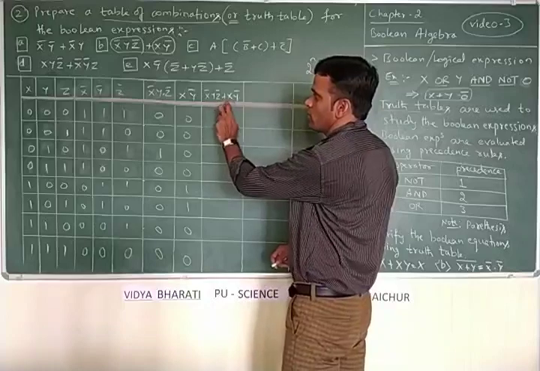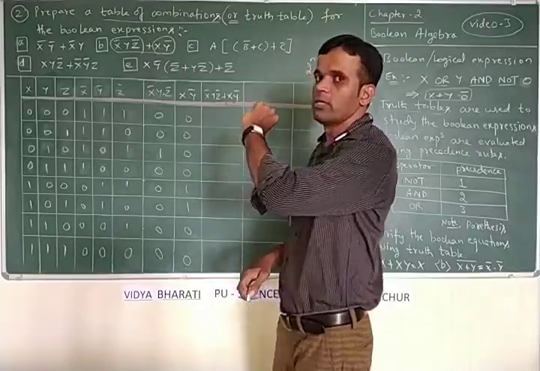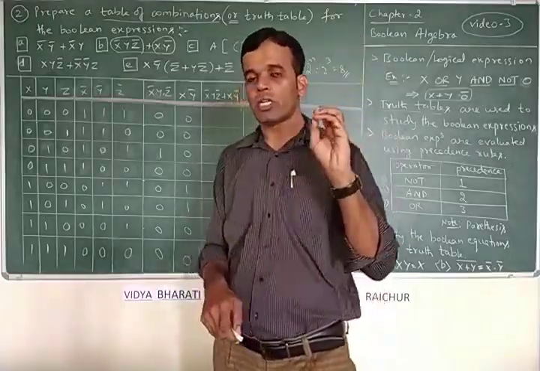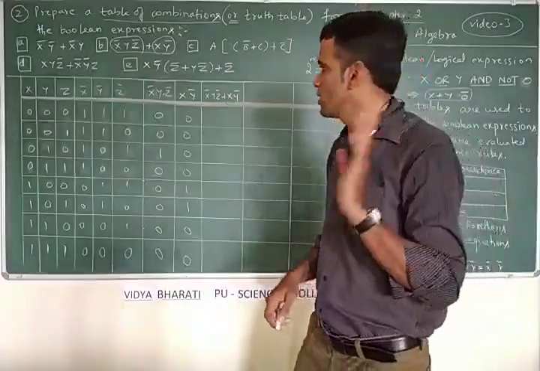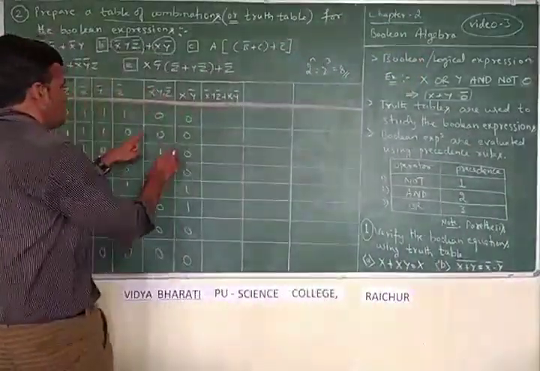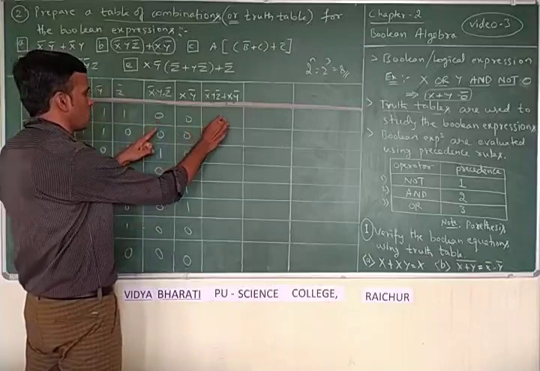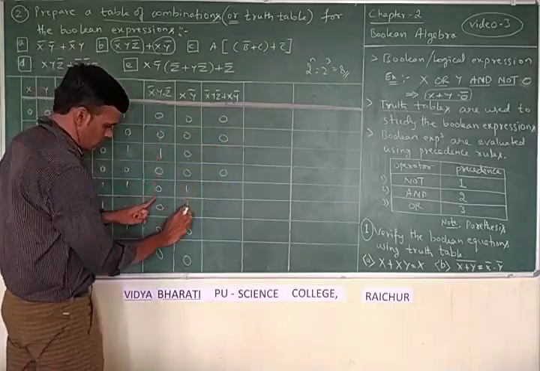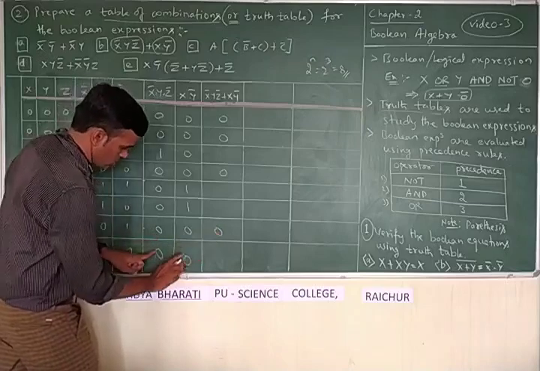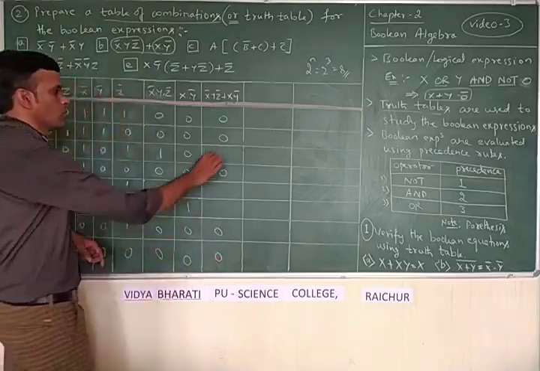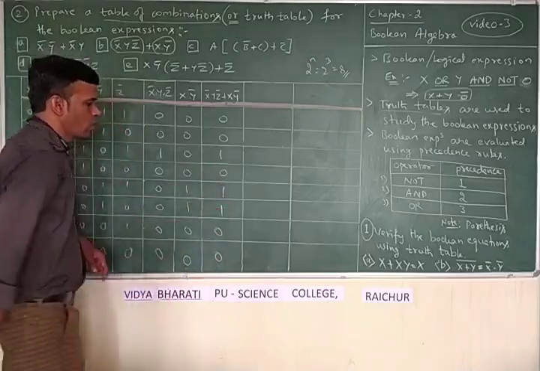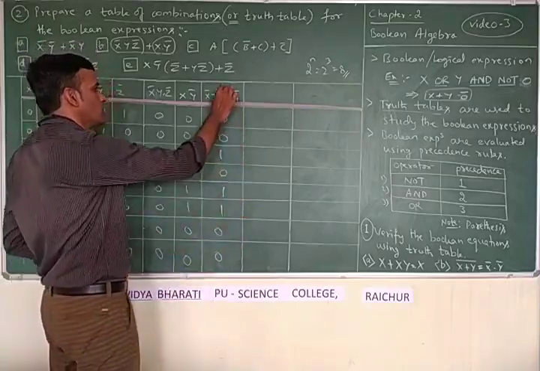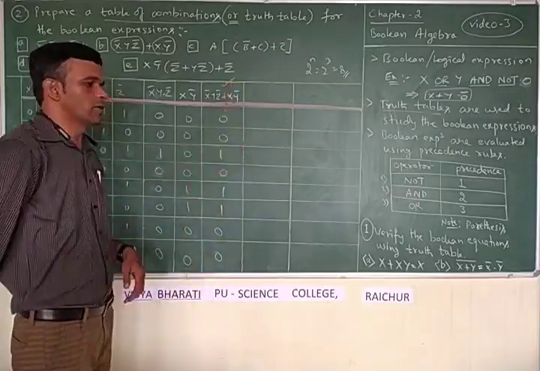Between these two we are having an OR operator. So if both are 0, the answer is 0, otherwise 1. Now just observe it. Both are 0, yes. Both are 0, yes. No, yes. Both are 0. Both are 0. So the remaining cases we will write 1. Now this is the answer.